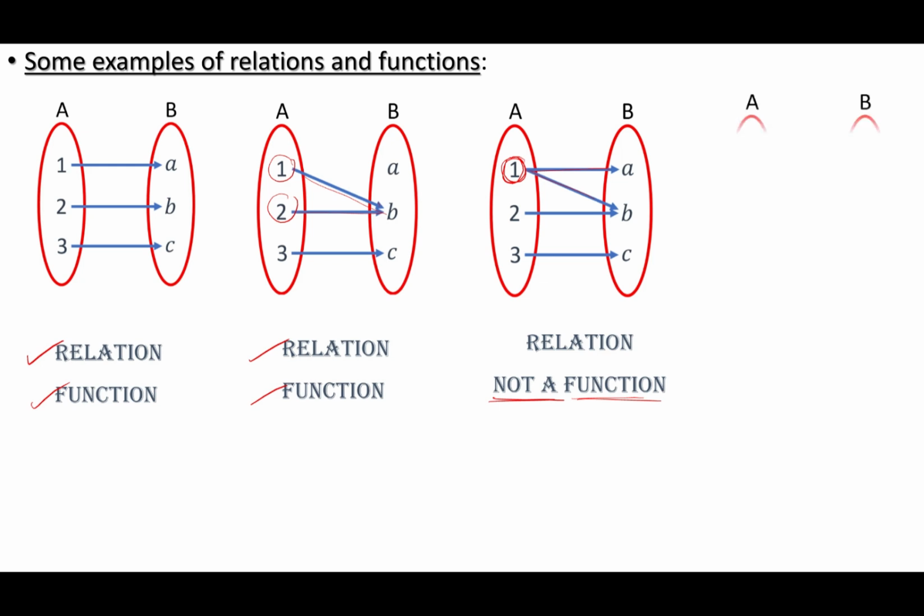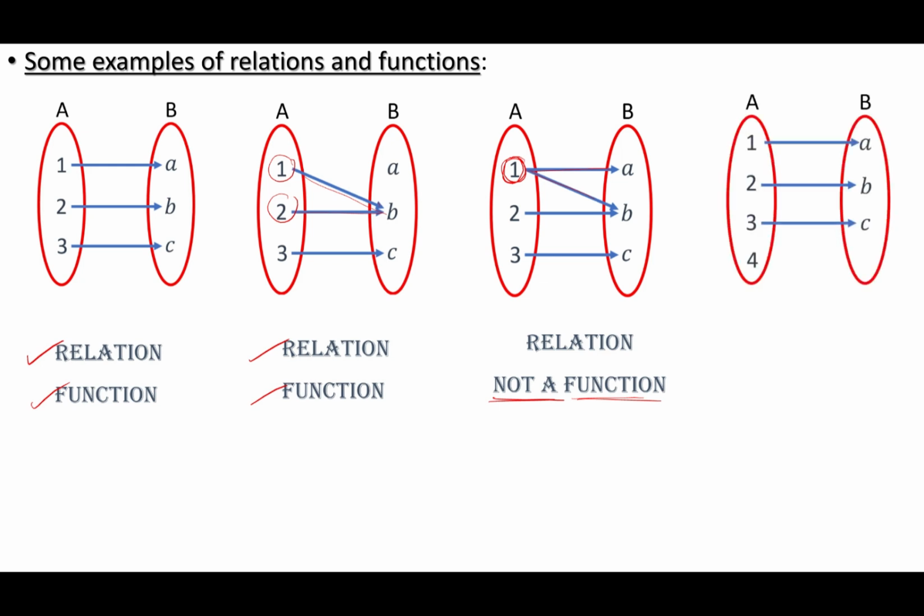Another example: is this a relation? Yes, it is a relation. Is it a function? No, because every element of set A must have an output, but here element 4 of set A does not have any output, so it is not a function.